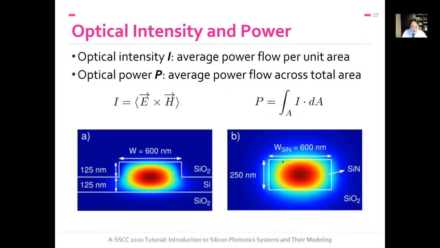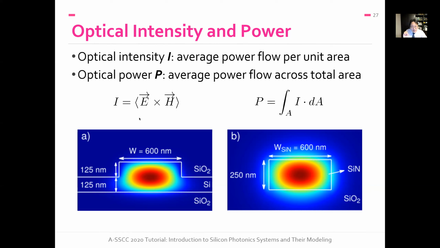So that's the wave equation, and typically we are interested in the intensity of the optical signal, which is defined as the average power flow per unit area at a given point. That intensity is a cross product between the electrical field intensity and the magnetic field intensity, which is sometimes called Poynting vector.